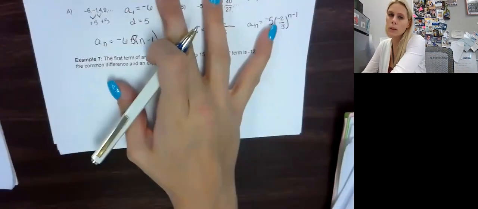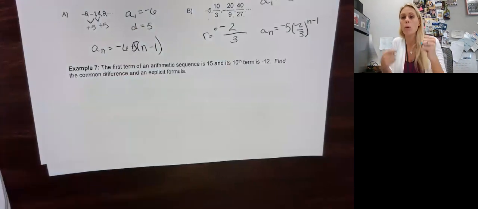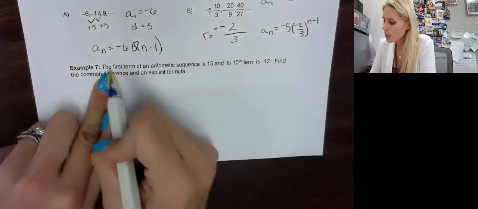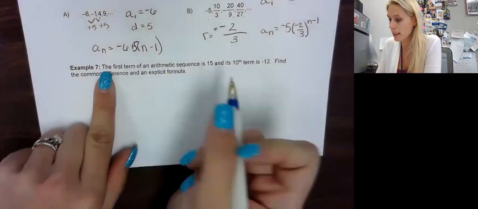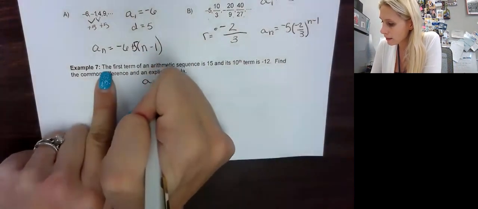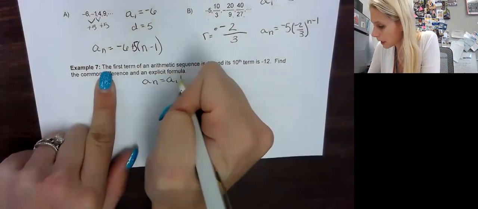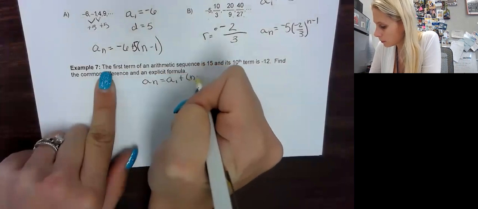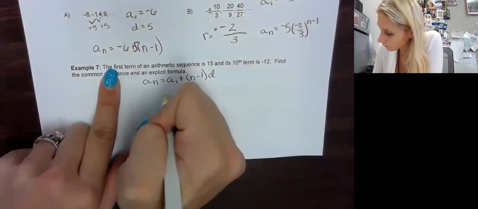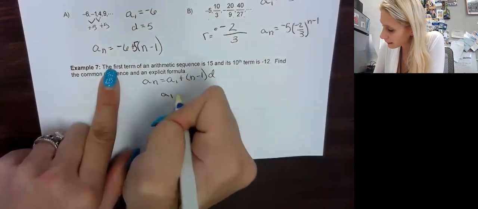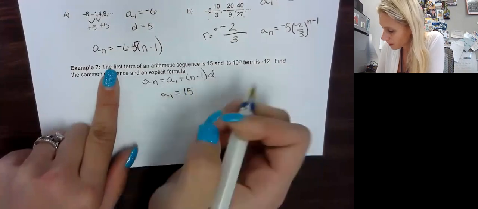But of course, we're going to get into some other things that we need to look at, what's given to us and what we need to find. So the first term of an arithmetic sequence, so remember, it's going to be a subset n equals a subset 1 plus n minus 1 times d. Okay, the first term, so let's see what it gives us. A subset 1 is 15.